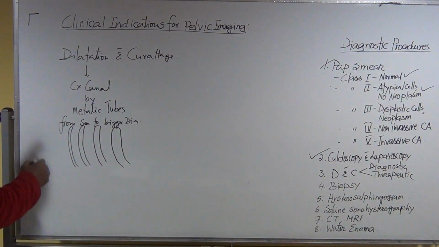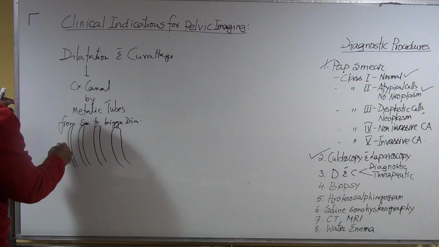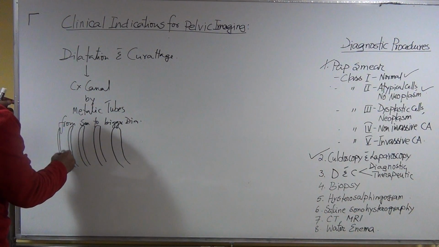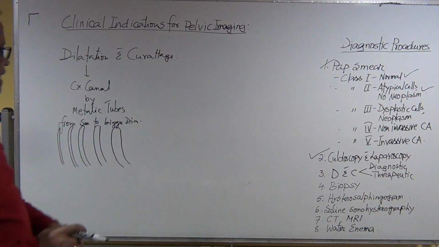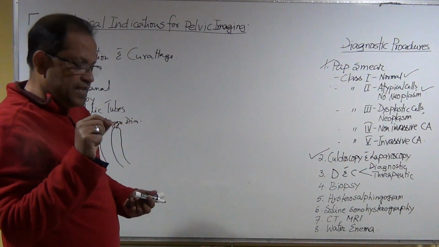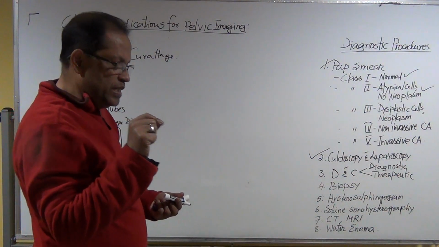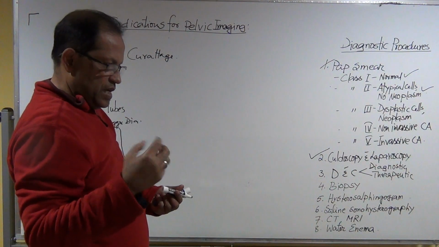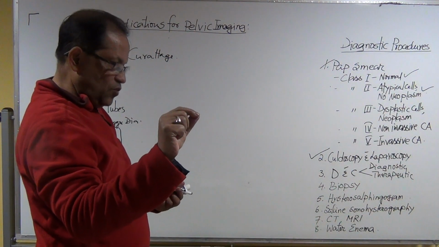Okay, from thin, let me do a thinner one. Okay, a thin, because finally the instrument that will go inside the uterus to scratch the endometrium, so that is wider.